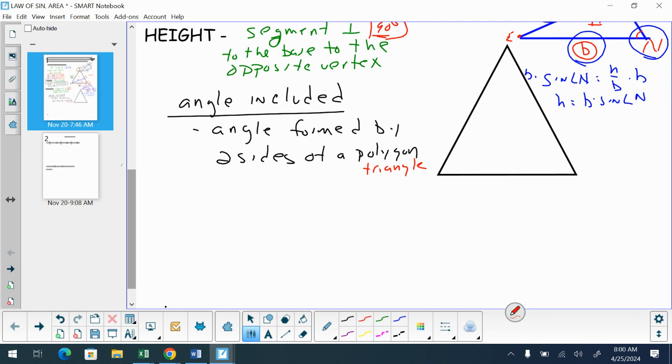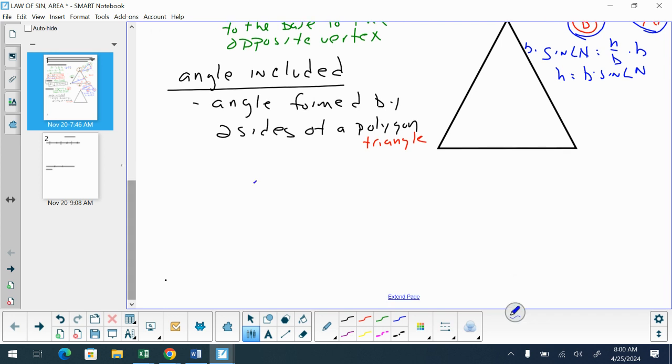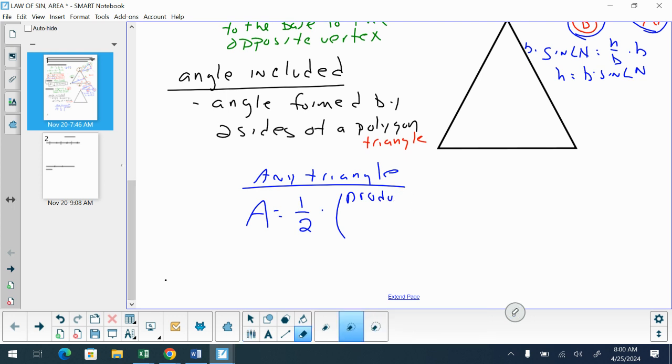So for any triangle, the area is equal to 1/2 times the product, one-half times the product of two sides.